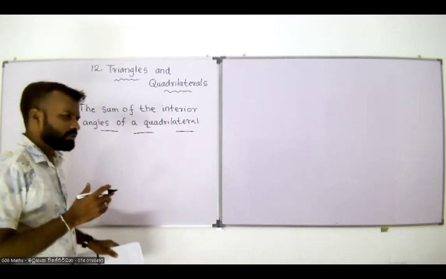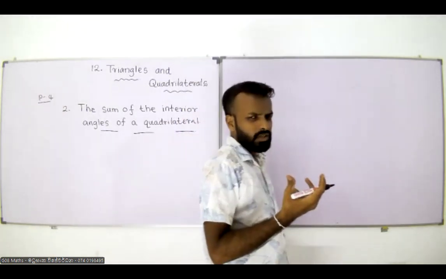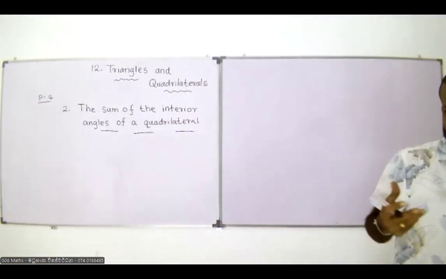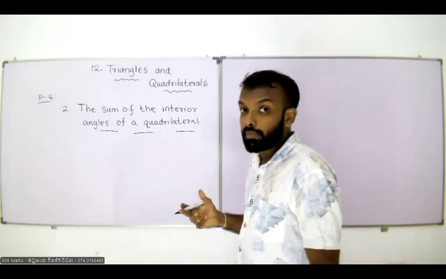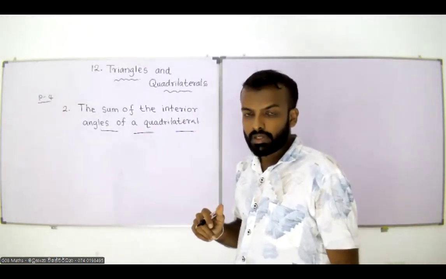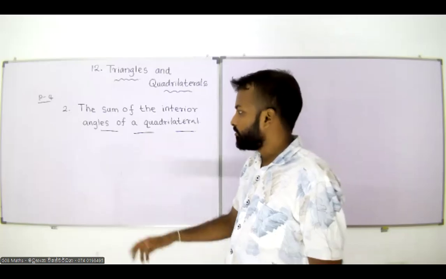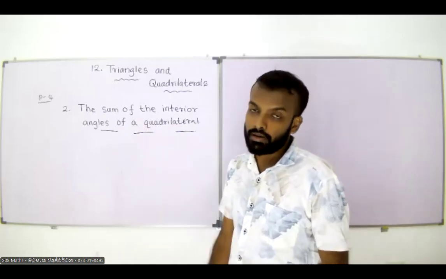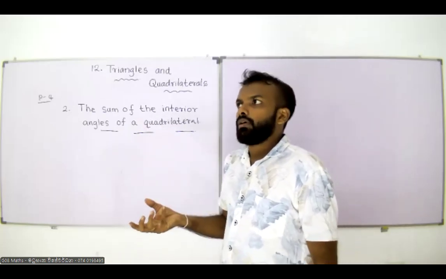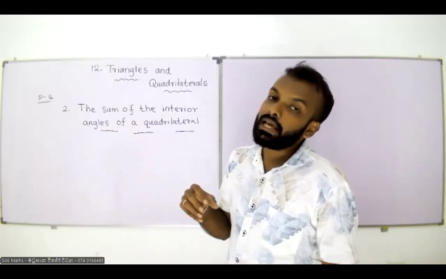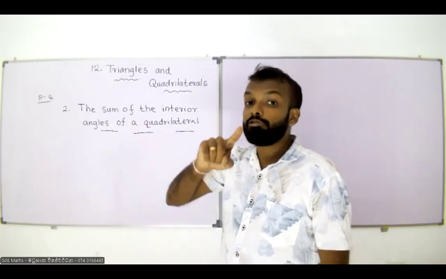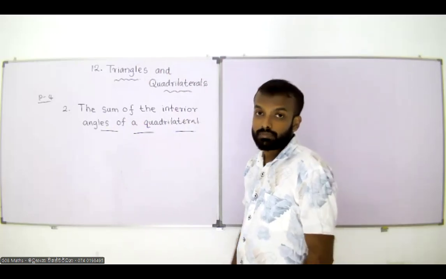It is very similar to the previous one as well, but the magnitude is different. Previously we dealt with a triangle. Here we are going to deal with a quadrilateral. The sum of the interior angles of a triangle will be equal to 180 degrees.